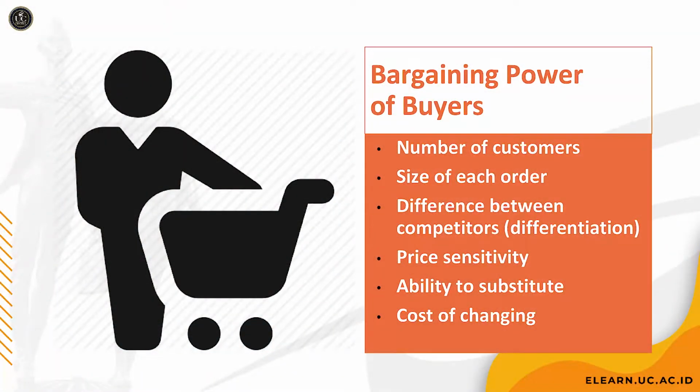The next force is the bargaining power of buyers. The last one was suppliers, and this one is buyers. What you need to consider is the number of customers, the size of each order, the size of the market as well, the differences between competitors, the price sensitivity, the ability to substitute, and also the cost of switching.